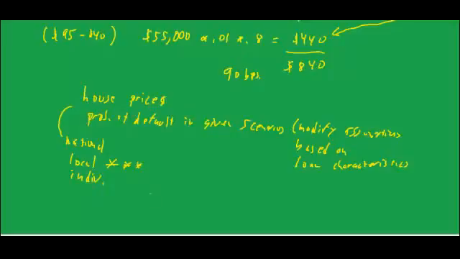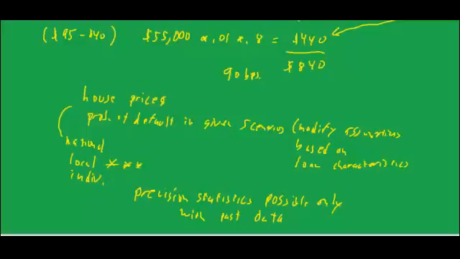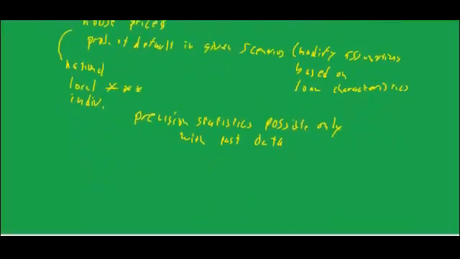But one thing I would warn you is that precise statistics are possible only with past data. And what matters is the future. And you cannot be precise about the future.